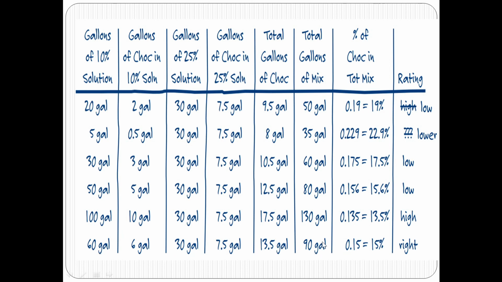So part over whole gives you 15%. And that was the actual percentage that he needs to get. That means he needed to add 60 gallons of the 10% chocolate solution with the 30 gallons of the 25% chocolate solution to get the exact desired percentage of chocolate he wants.